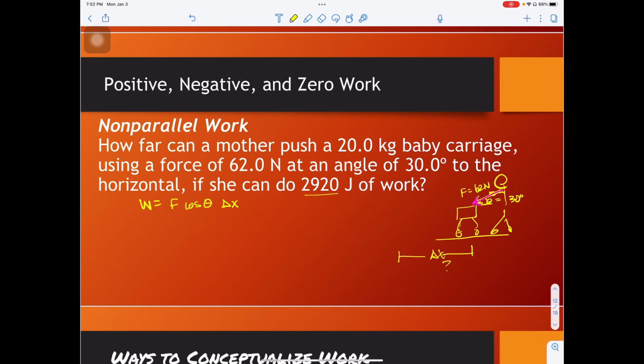I know that work divided by F cos theta is equal to delta x. Then we substitute in 2920 joules divided by 62 newtons times cosine of 30 degrees. And I need to get my calculator.